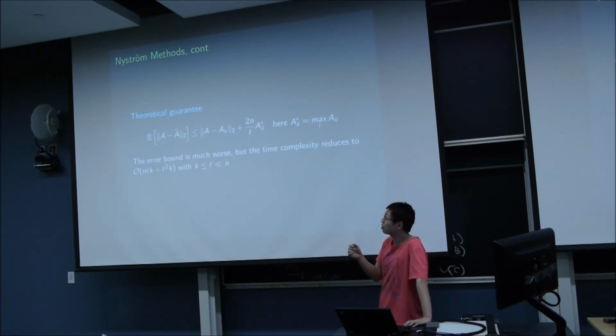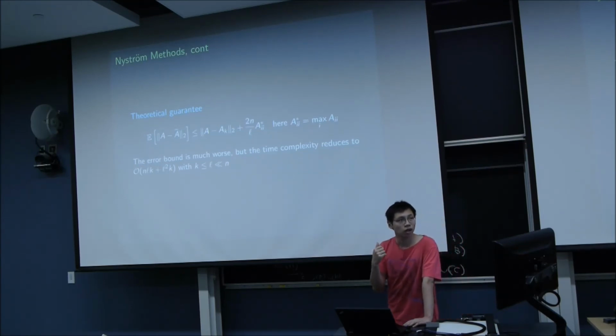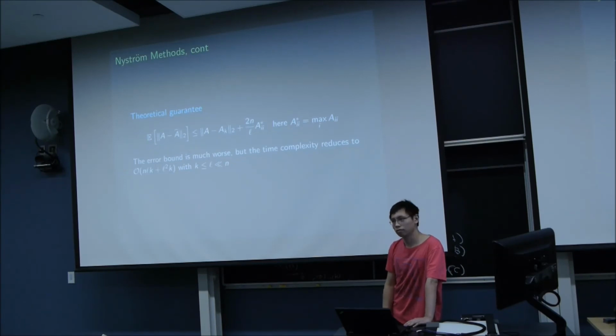A_ii star is the maximum diagonal entry of A. If A is a kernel matrix, A_ii equals 1, so it's not large. N is the size of the matrix, and L is how many columns you sample. So if you increase the number of columns you sample, you get better approximation error, but you increase the computation time.